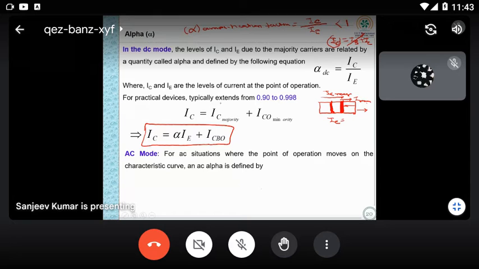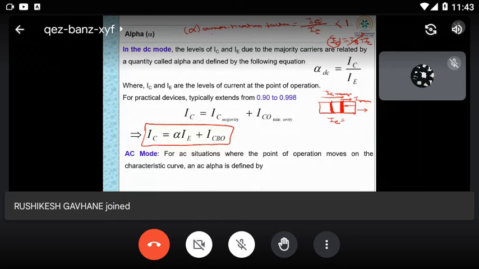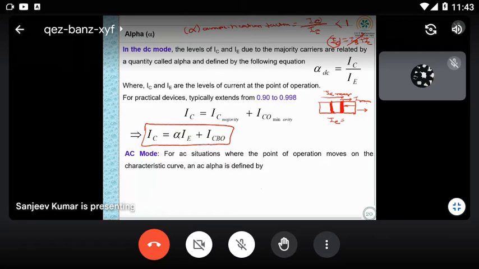And when I'm writing in terms of alpha, because alpha is IC by IE, whatever IC you are writing, this current is due to majority carriers. So whenever you are finding output by input, this alpha you are calculating is actually IC majority.